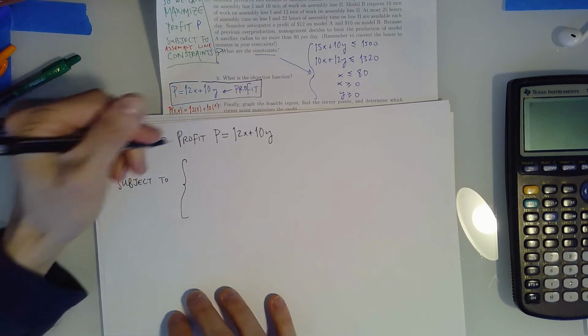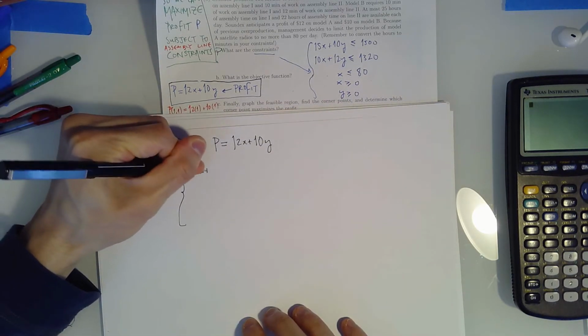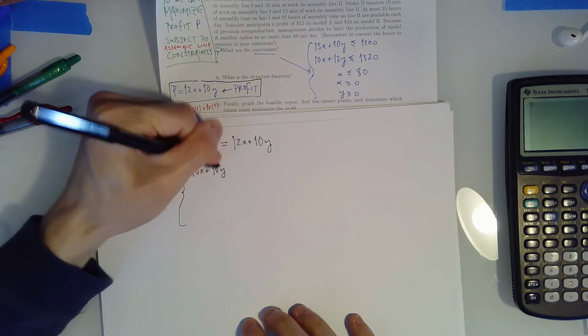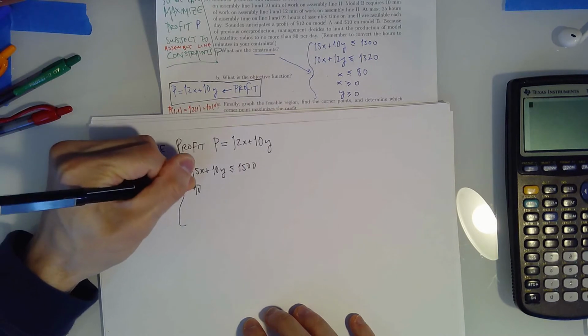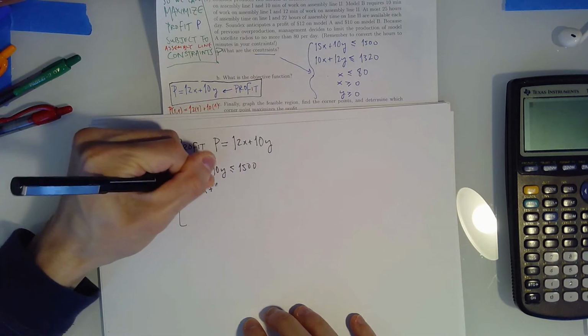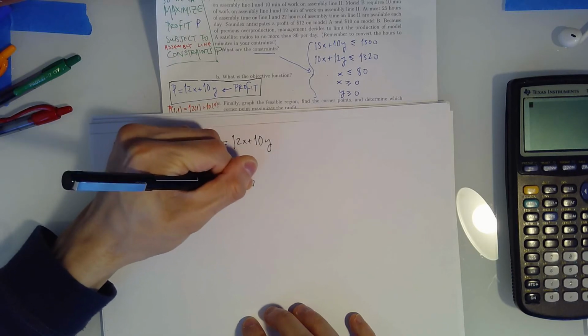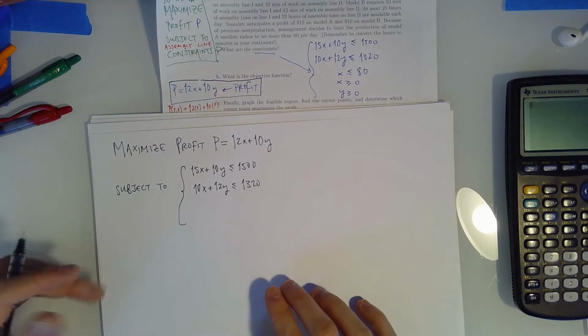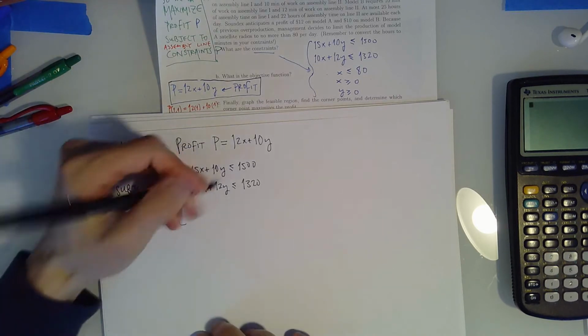The constraints are all right here. If you're not sure where these come from, make sure you watch the other video. The first step in these linear programming problems involving word problems is that you have to set up the objective function and your constraints.